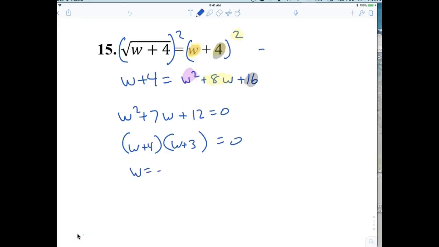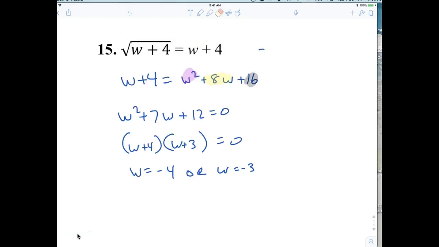So W is either negative 4 or W is equal to negative 3. Now because answers are both negative, we have to be careful. I never once said if the answer is negative, it's automatically extraneous. I did not say that. I said that a radical cannot equal a negative.